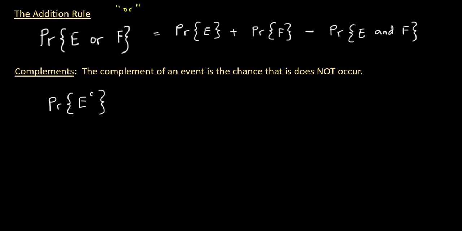And so here I've got E with a C in the exponent. This is the probability of the complement of E, and it is the chance that E does not occur. So what you do is you take the chance of E occurring and then do 1 minus that probability.